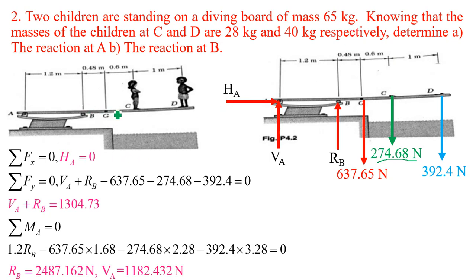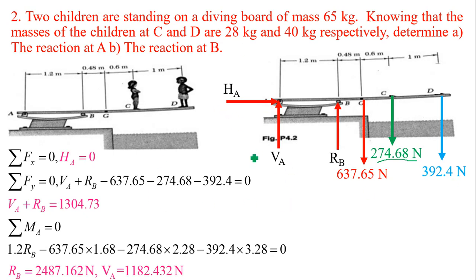So at point G, G is the CG point of this diving board, the self weight of the diving board is 65 into 9.81, that is 635.65 Newton force acting. Now after showing all the forces, this is a free body diagram.